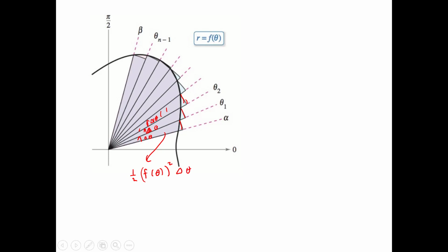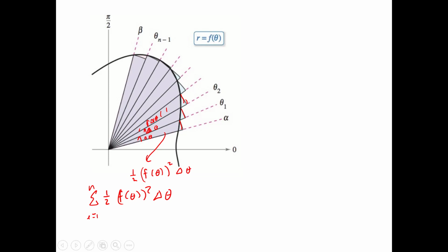To get an approximation, we can add up all these little areas from these wedges, and it'll be the summation from i equals 1 to n of 1/2 r squared, I'm sorry, f of theta squared, delta theta.